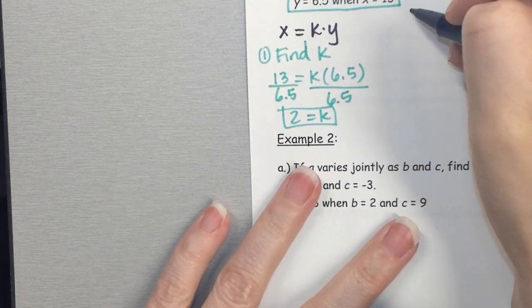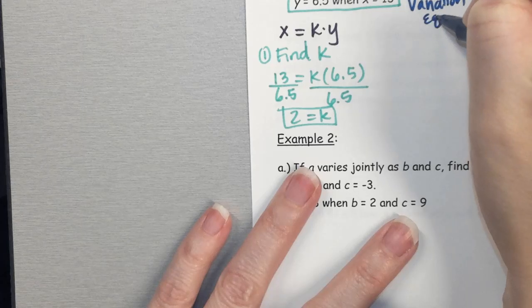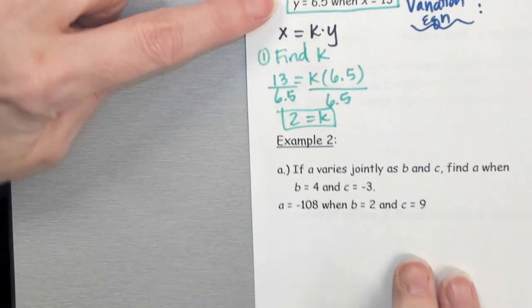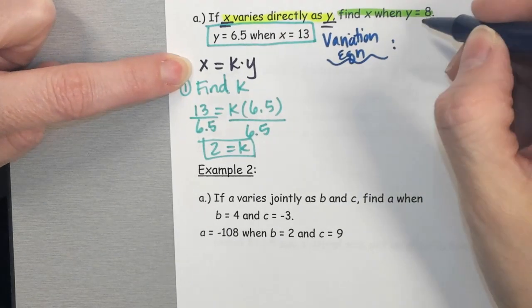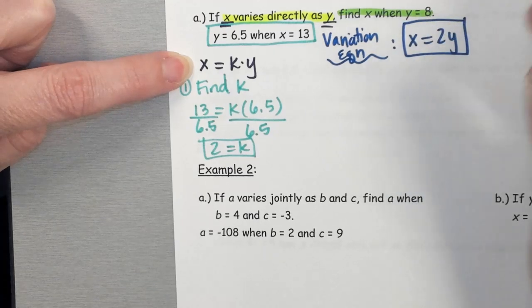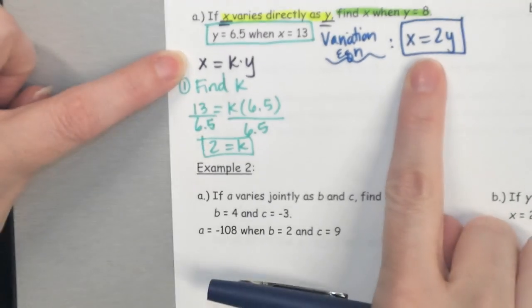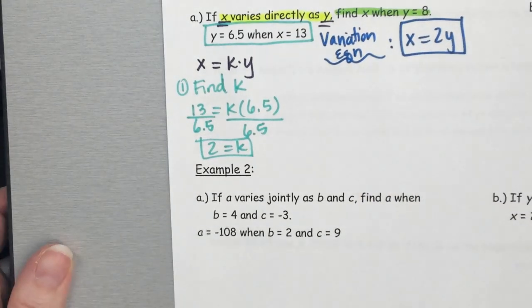The variation equation is going to be what you set up here, except with the constant in it. So your variation equation is going to be x equals 2y. On your homework as well, I just want you to write that and box it in. The equation is always going to have that constant in there.